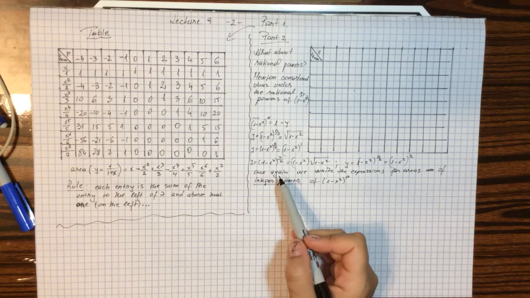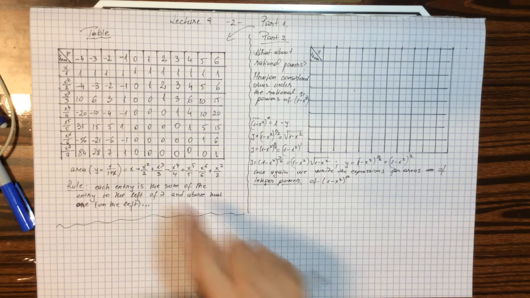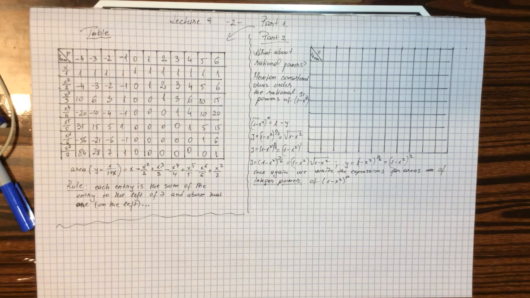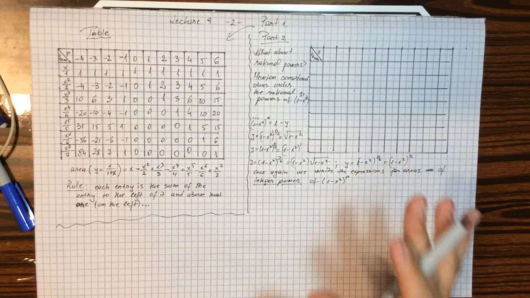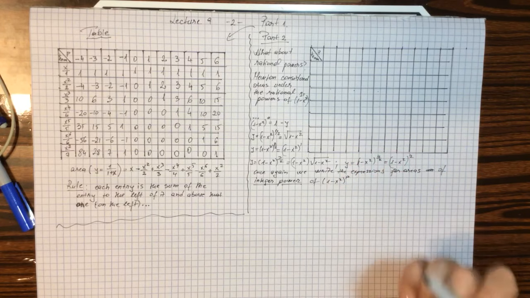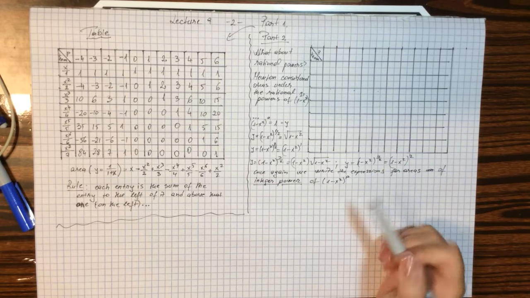So the integer ones he knew he could find using the same rules as in the previous page. So why don't we just fill the table first with those, and then we worry about the rational powers.